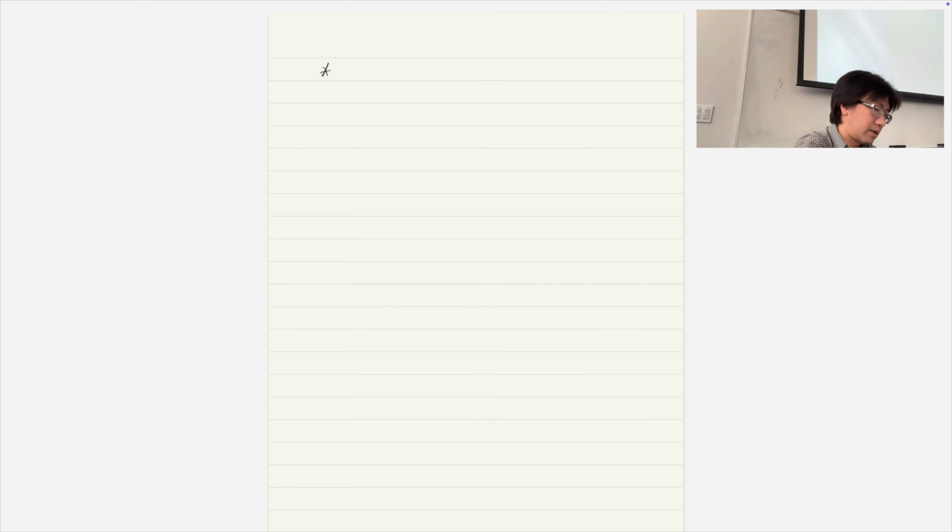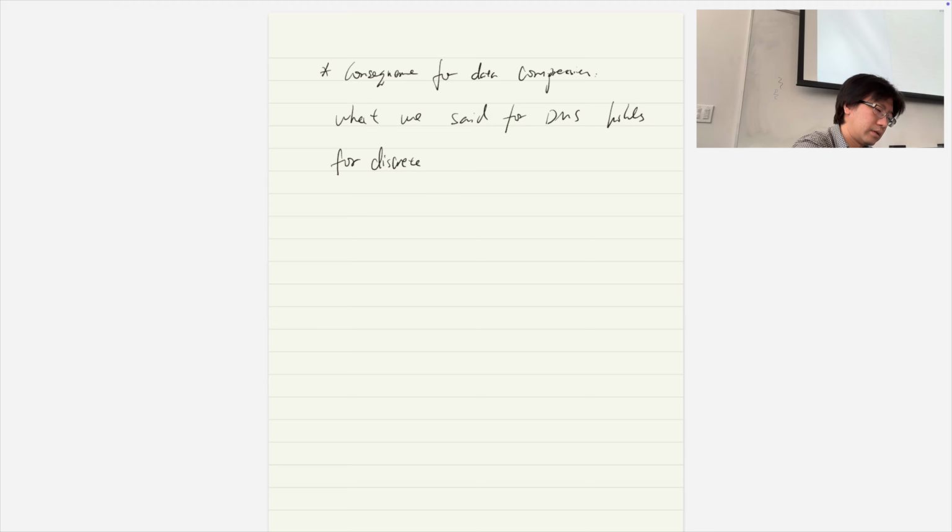Okay, the last thing is the consequences for data compression. It basically means that what we have seen for DMS holds for discrete, stationary, and ergodic process, ergodic source.